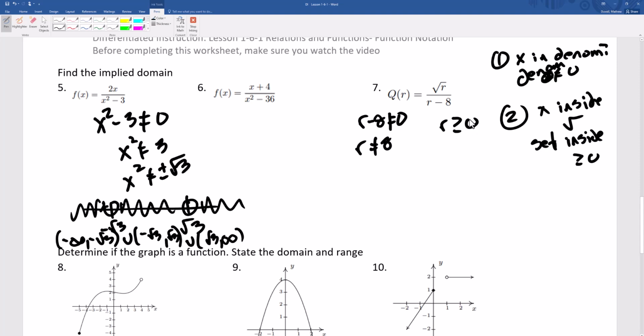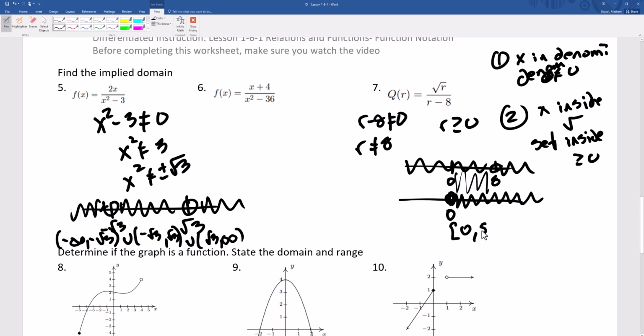Since I have more than one domain restriction here, we have to find the intersection of the two. So it can't equal 8, so open circle, but it's everything else. And then r has to be greater than or equal to 0. So where do they overlap? They overlap here, so from 0 to 8, and then they overlap here from 8 to infinity.